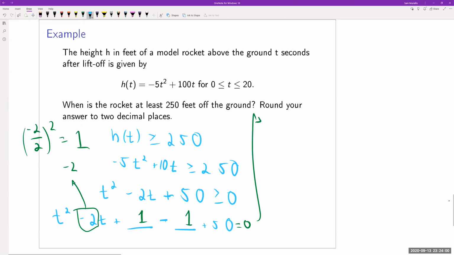That will give me t minus 1 squared minus 49 is equal to 0. Plus 49, excuse me. That means that t minus 1 squared will be negative 49. Did we drop a negative somewhere? I think we must have. Because this will, of course, have no solution because I'm about to try to take the square root of a negative number. So let's check again real fast the first bits here.